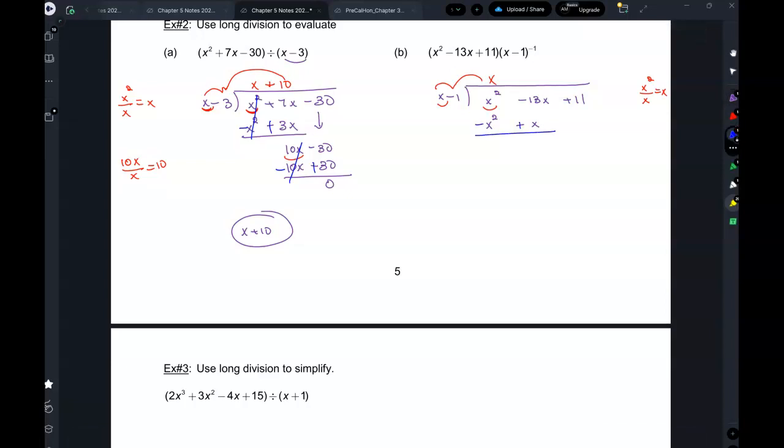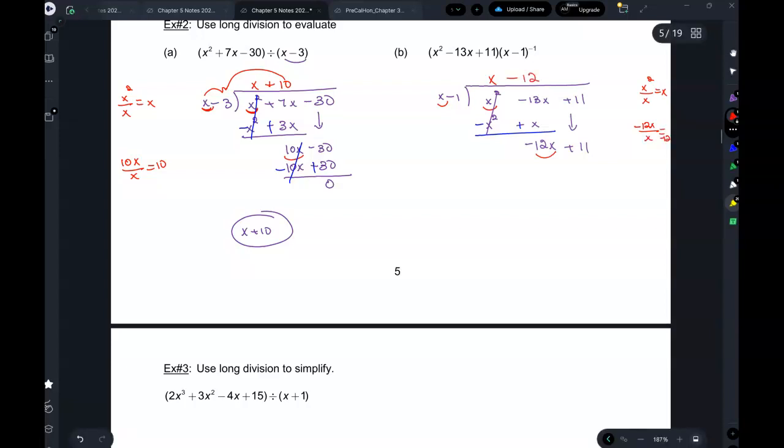Draw the line, change the sign, and combine. So we get this go away. Here we get negative 12x. Bring down the positive 11, and the algorithm starts all over again. Okay? So, negative 12x over x equals negative 12.